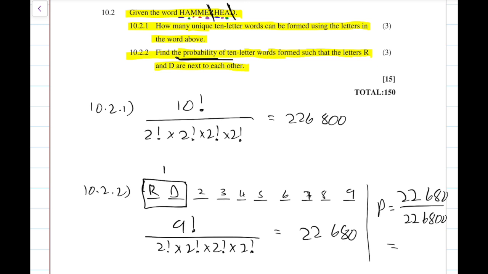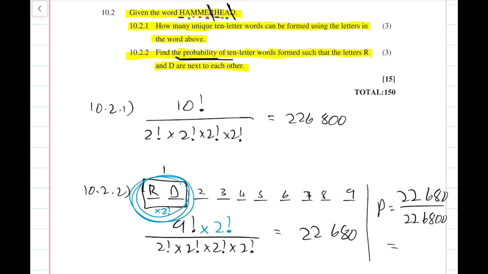Oh, and I actually forgot about this, and this is really bad of me. I'm so sorry. I've made a mistake here. I said that that's 1 unit, but obviously that could be R and D or D and R because they just need to be next to each other. I apologize for this. This should have been times 2 factorial at the top, because inside here they can be arranged in 2 factorial ways.